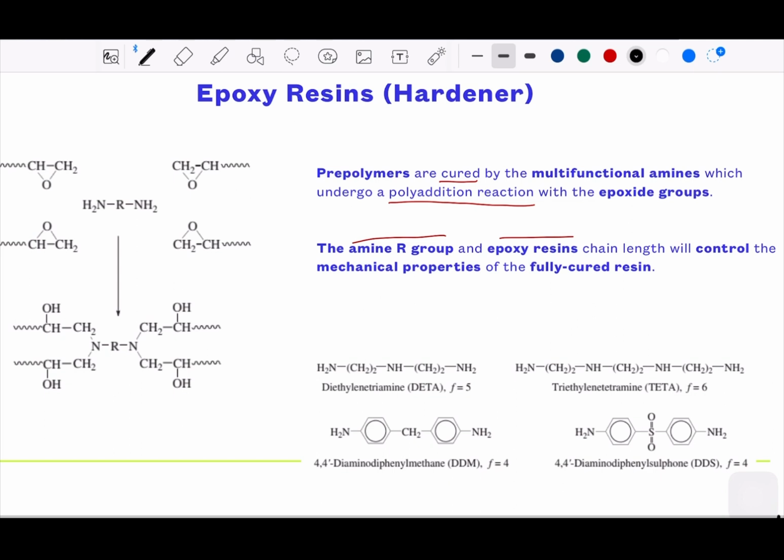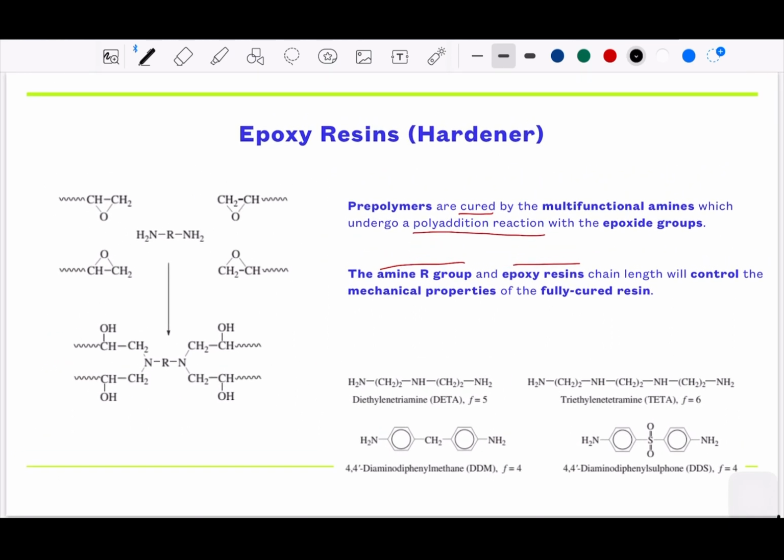But by default, it is faster the more N we have. For example, this one here has F equals 6, which means it is the fastest one. Okay, that's the basis of epoxy resins.